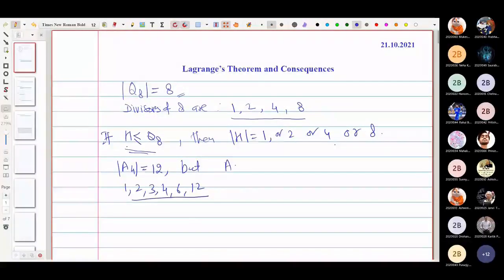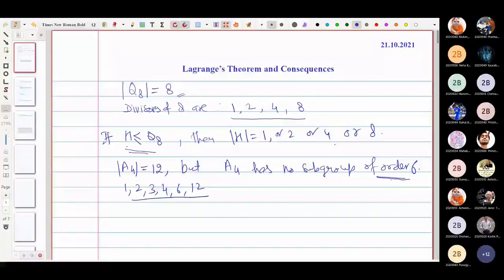But A4 has no subgroup of order 6. Why A4 cannot have a subgroup of order 6 is explained in, I guess, example number 5 of your textbook, in chapter number 7, the chapter we are currently discussing.